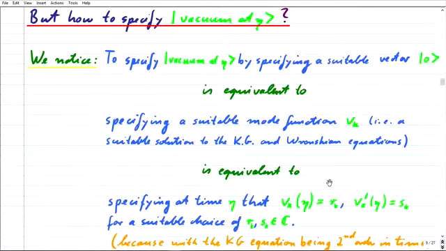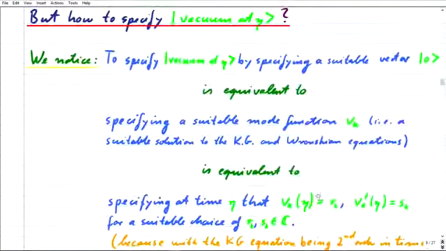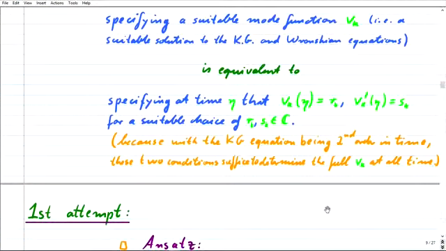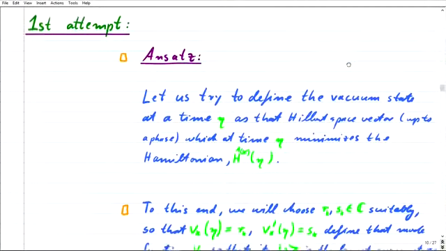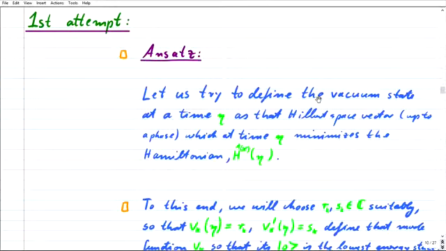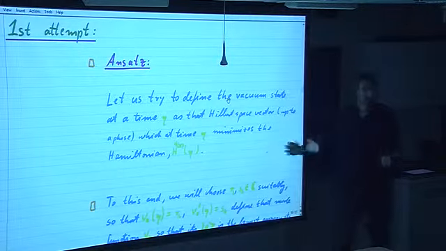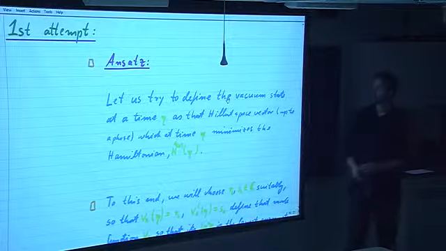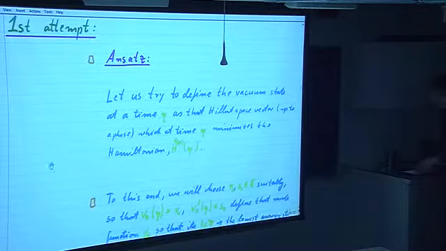Okay, but I've just shifted the problem to identifying the correct numbers r and s. We still don't know how to identify on physical grounds what the vacuum state is. So here's the first attempt. The mathematics cannot tell us; the math is good with all possibilities. No, we have to put in some physics now. And the obvious ansatz might be this.